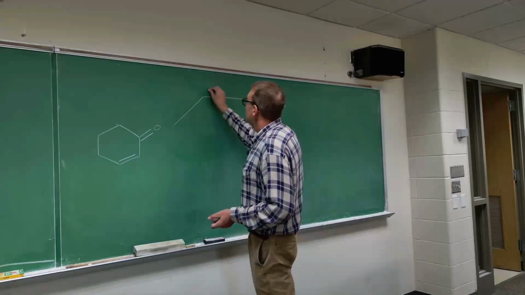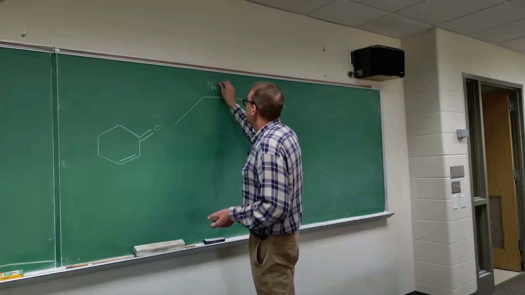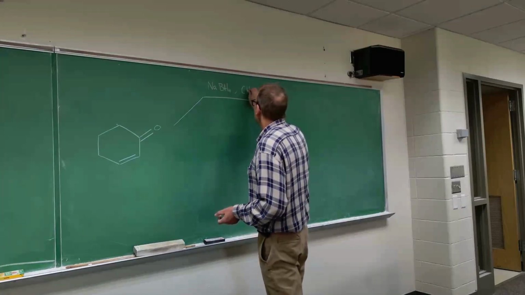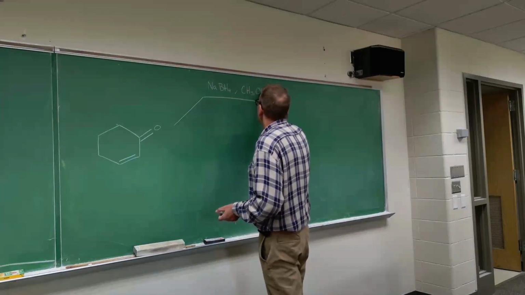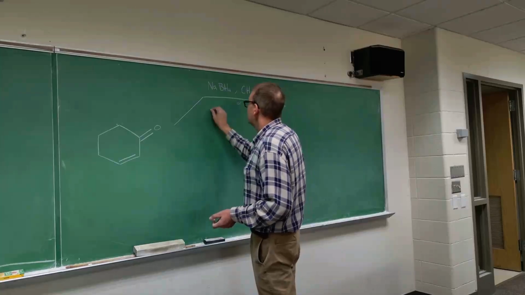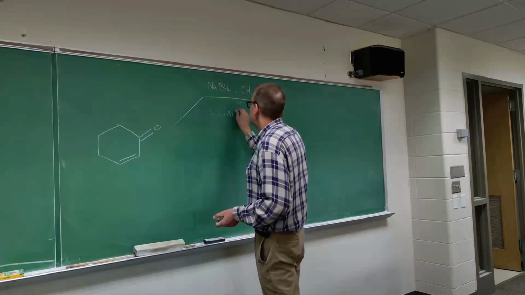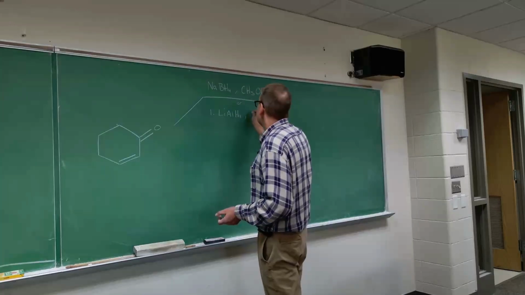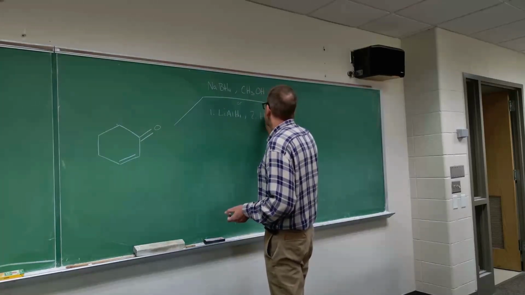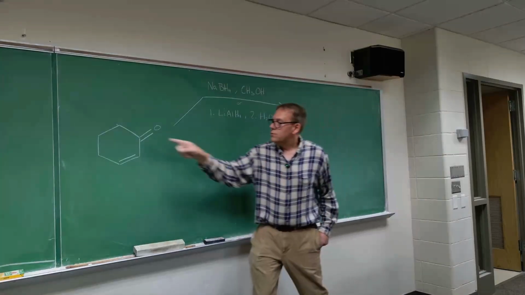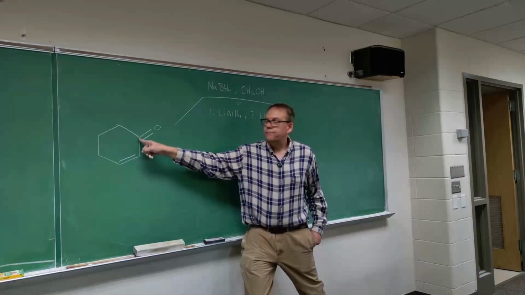So if you use sodium borohydride and methanol, or you use a 2-step process where you use lithium aluminum hydride followed by water, both of these are going to give you the same thing. We're going to reduce the C double bond O carbon.